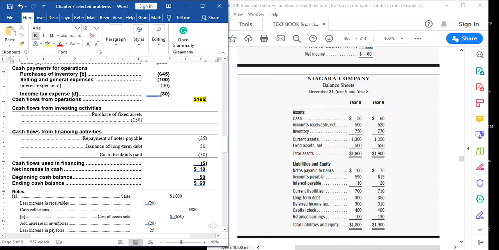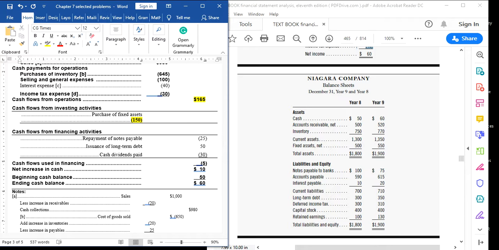Which is $150 in negative. Okay, let me make it bold, and where it comes from, it should be here somewhere. It's not from our pocket anyway.